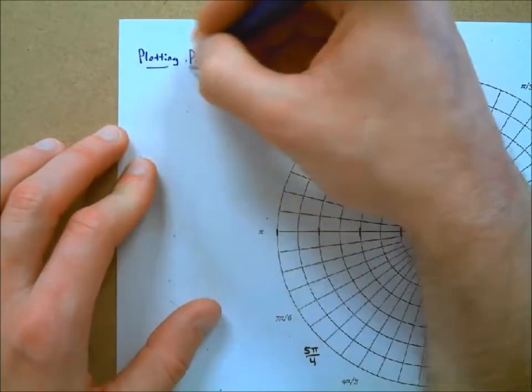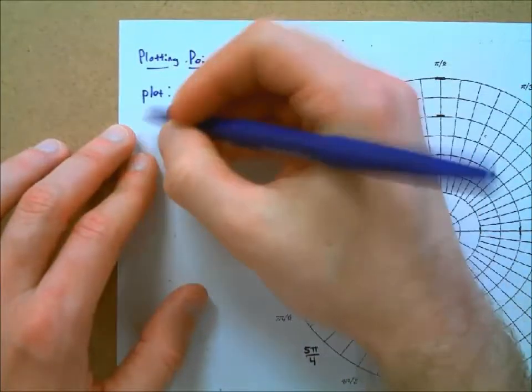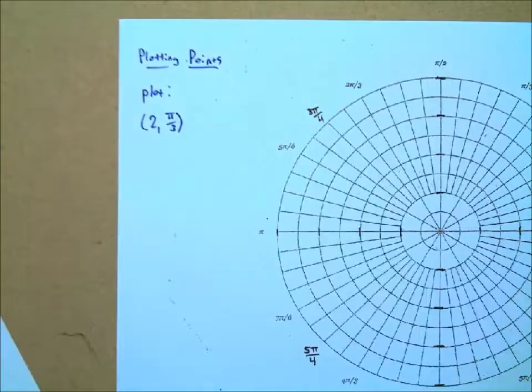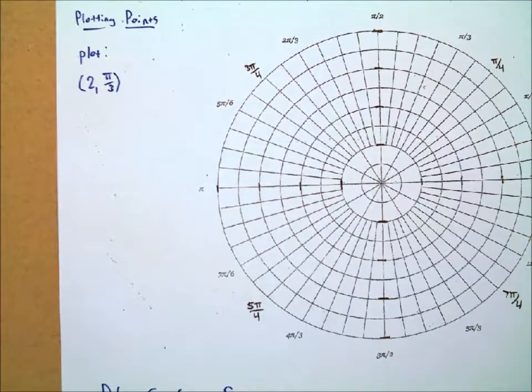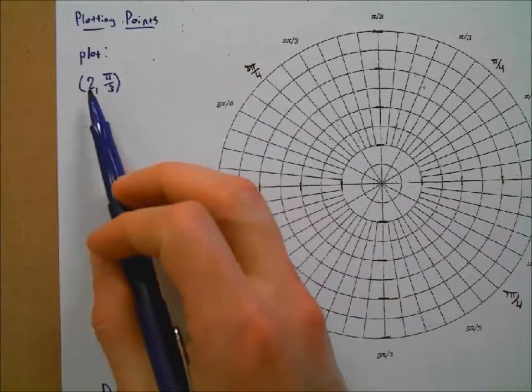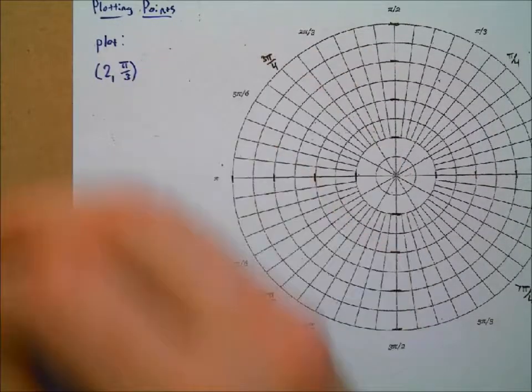Okay, so let's plot, for example, the point 2, comma, pi over 3. Now, when you plot in rectangular coordinates, I think most of us use the x coordinate first and then the y coordinate. Remember here, these are not x and y coordinates. This is an r value, this is a theta value.